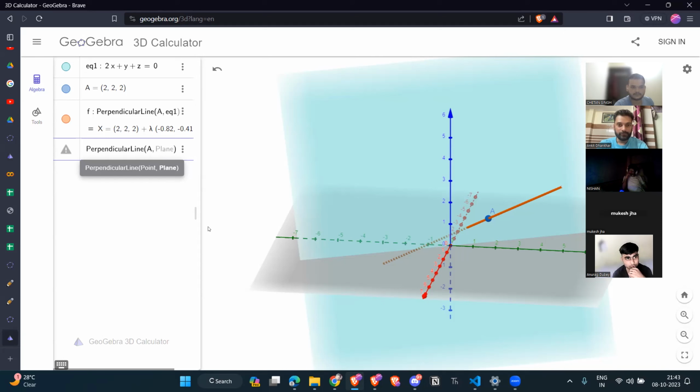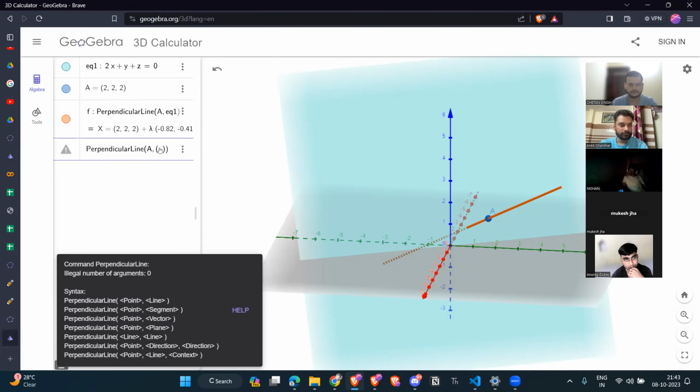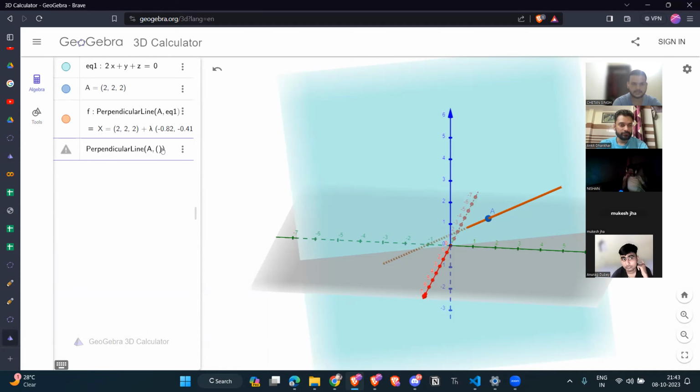Z equals 0, because he's talking about x and y. You're saying the plane should be z equals 0? That's the equation of the plane, right? Is this what you're saying?